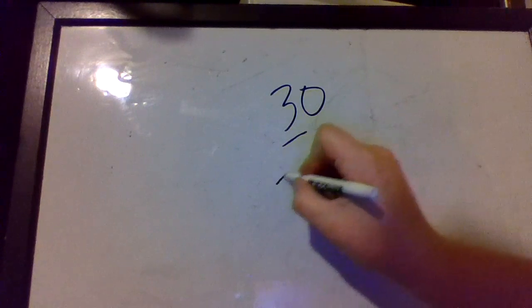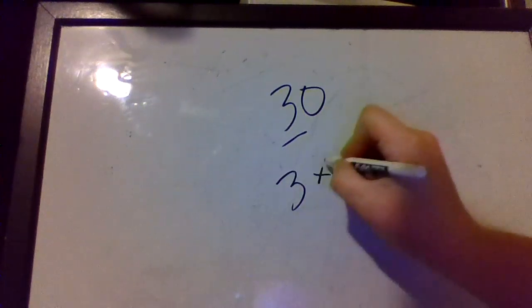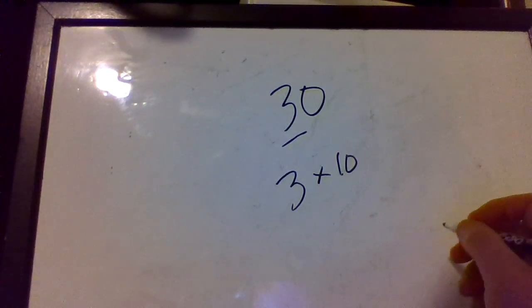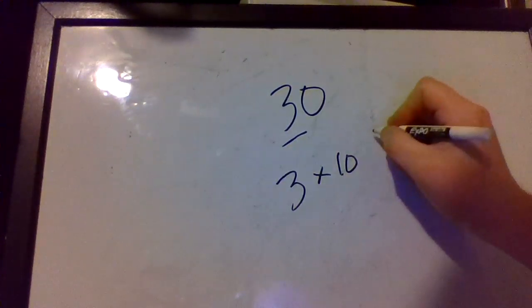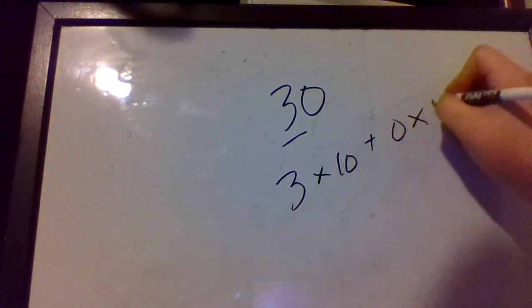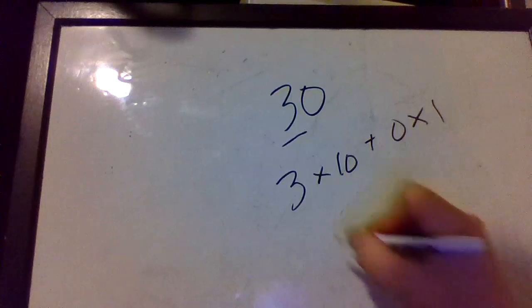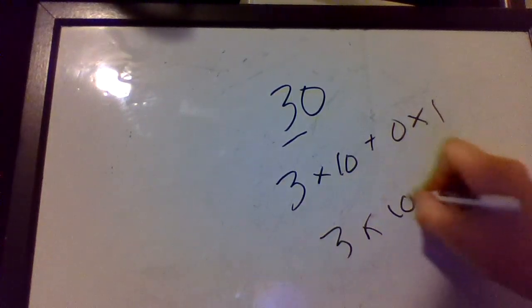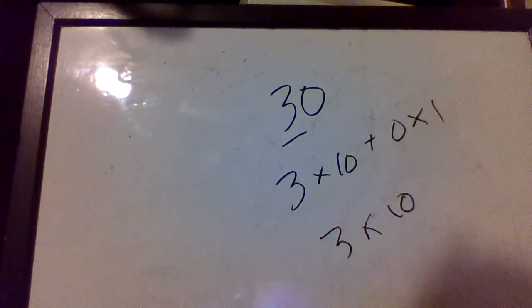Right. 3. 3 groups of 10 and 0 groups of 1. So we can do it one of two ways. We can do 0 groups of 1, or we can just leave it off and do 3 groups of 10. And that's usually the way you see it.